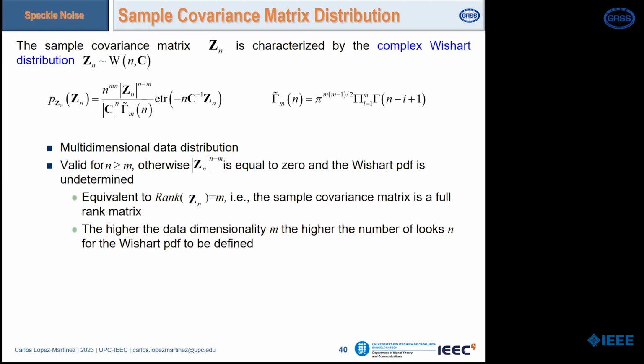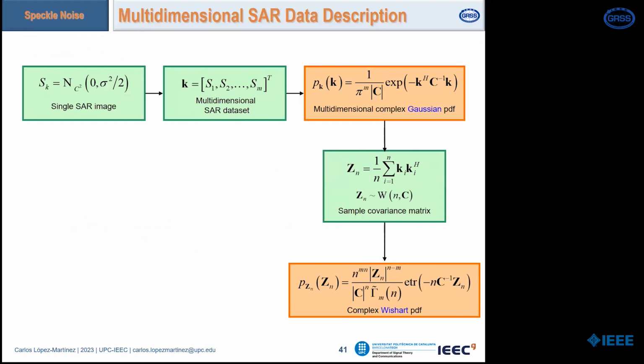Okay? So this is the map we have again. The complex Wishart distribution, the previous slide.